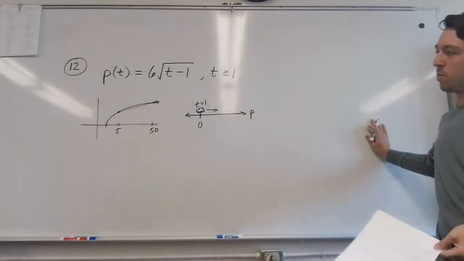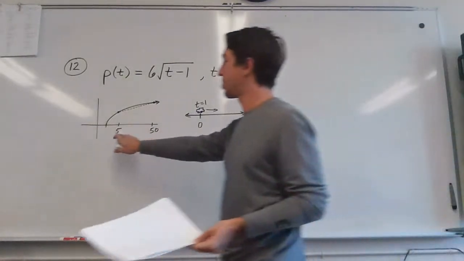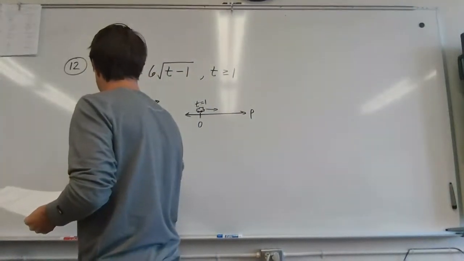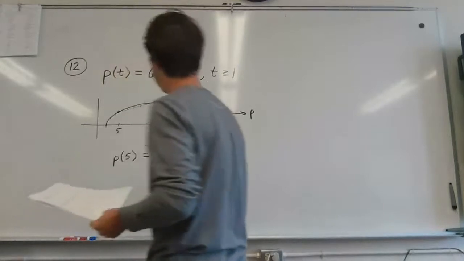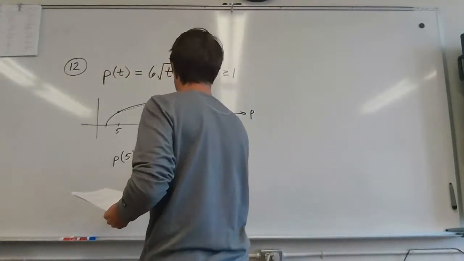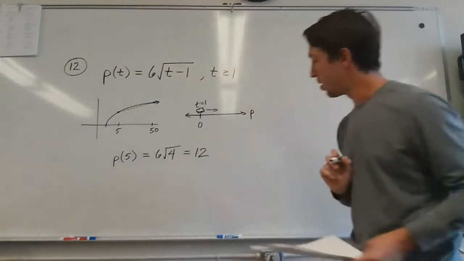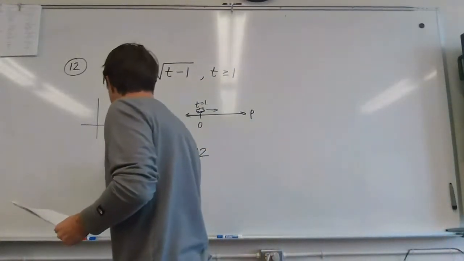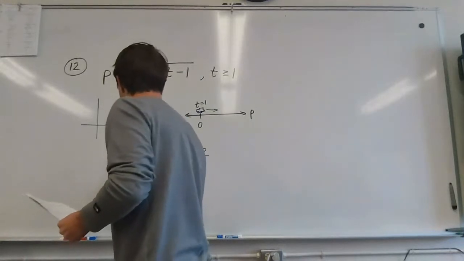So we might ask the question, where was it at time 5? What was the position of the car at time 5? 12, so position 12. And then I might also ask, what was the position of the car at time 50?